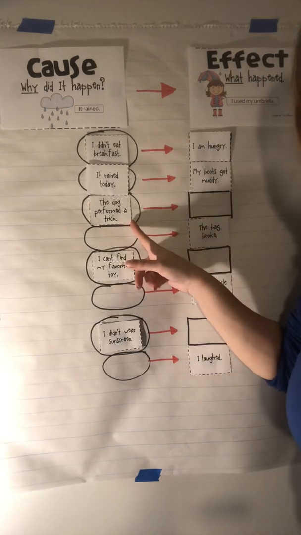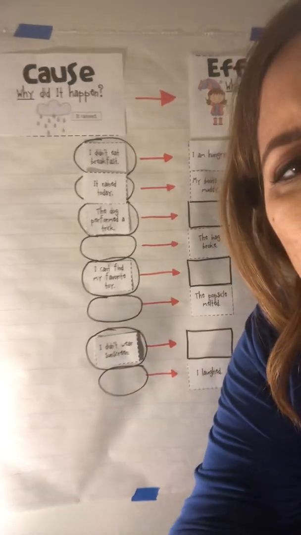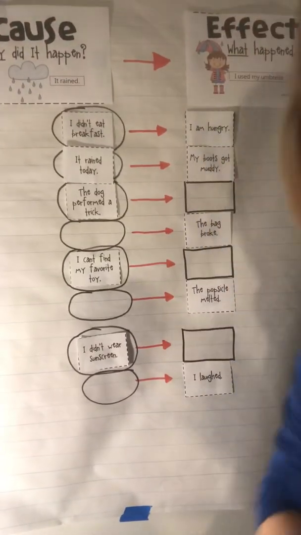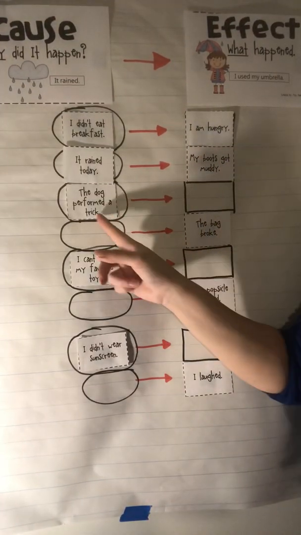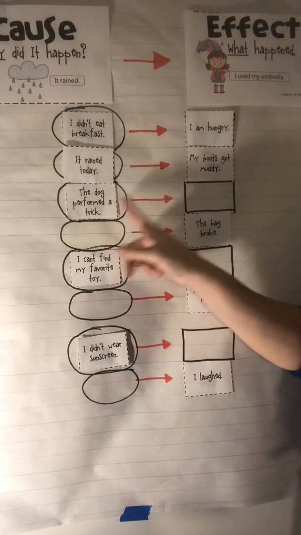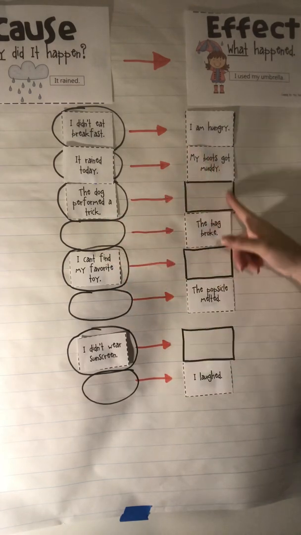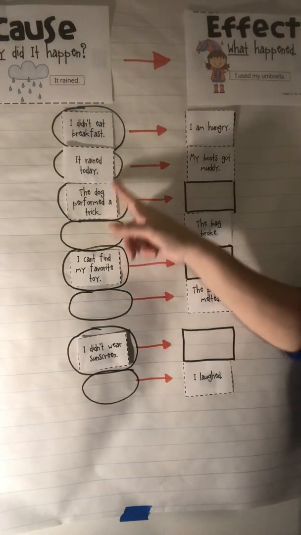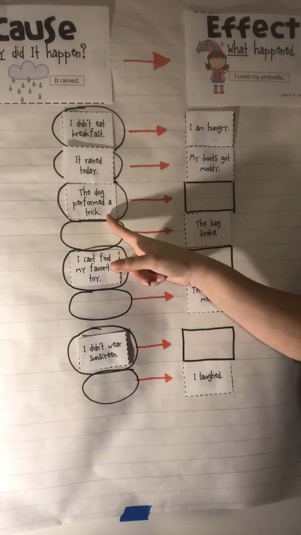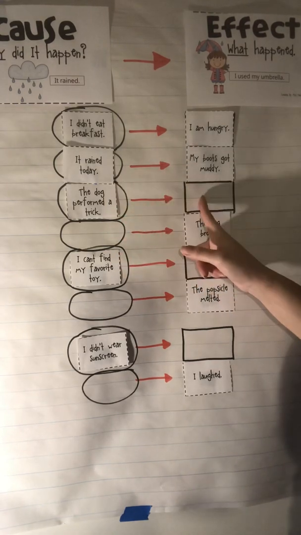Okay, here I have a cause that says, and I know it's kind of hard for you guys to see, it's a little far. The cause says, the dog performed a trick. So if your dog performs a trick that you just taught them, what's the effect? Would you cry?